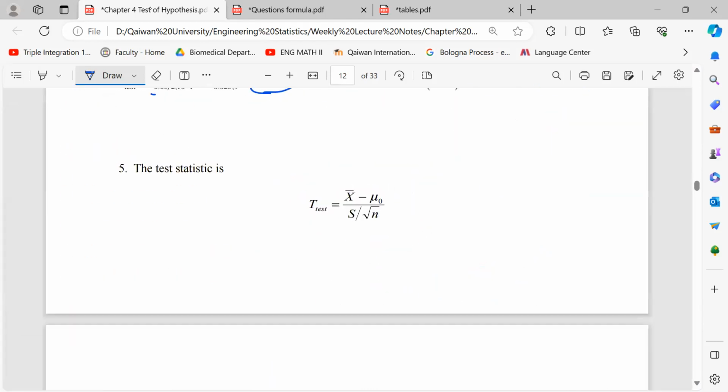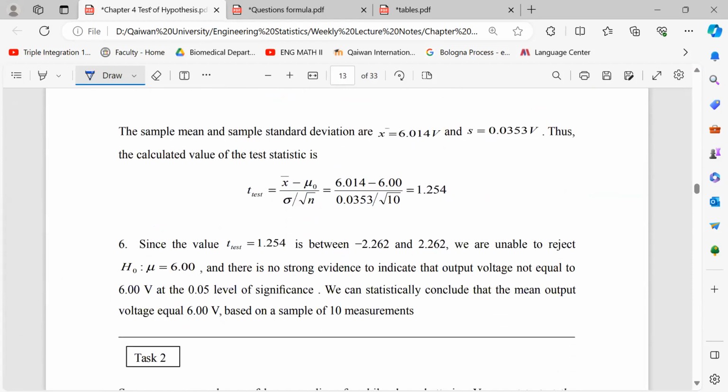This is t test. In step 5, we just calculate this. We have all this information. We just put their values here and we get 1.254.